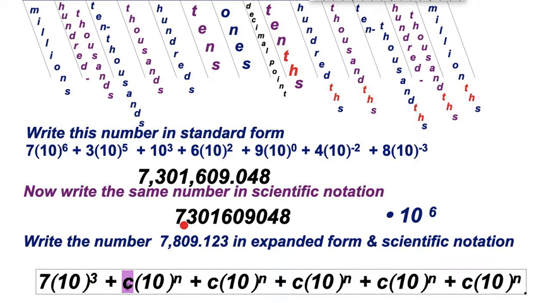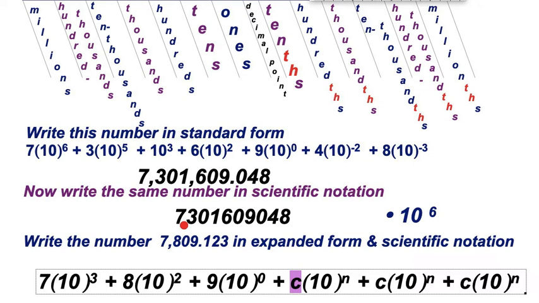I've got a digit 8, and that's in the hundreds place. That's 10 squared. 10 squared is 100. I've got nothing in the tens place, so I don't need to write it. I'm going to put down the 9, and that's in the ones place. I've got a 1. Well, I don't need to put 1. Let's suppose I did put that there.